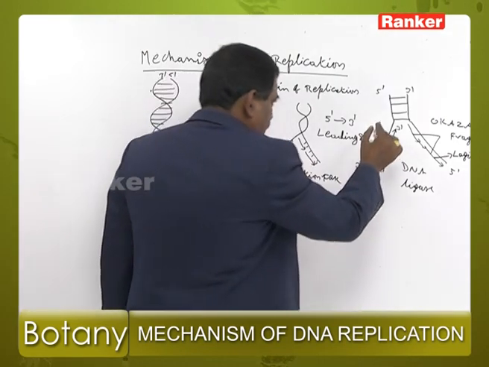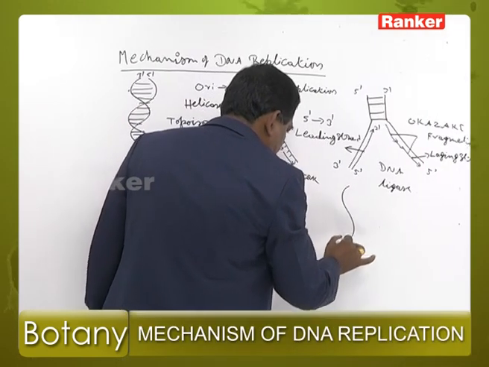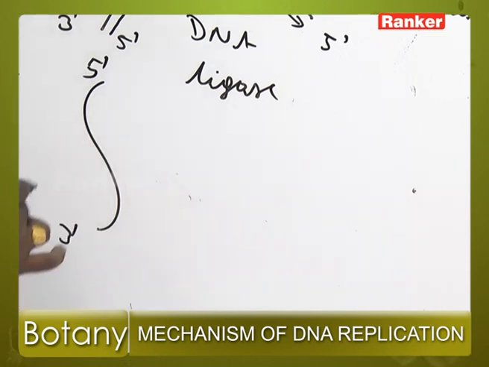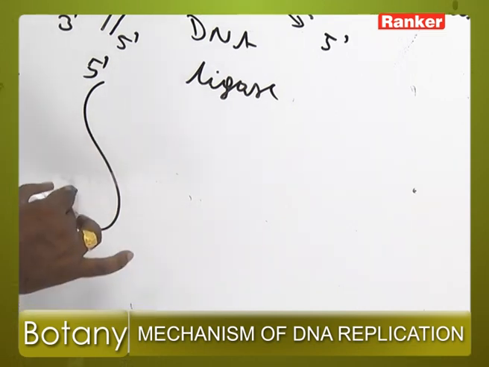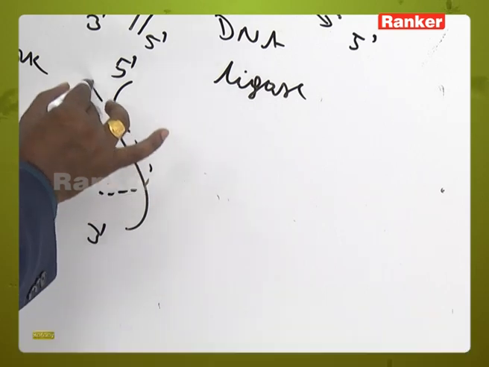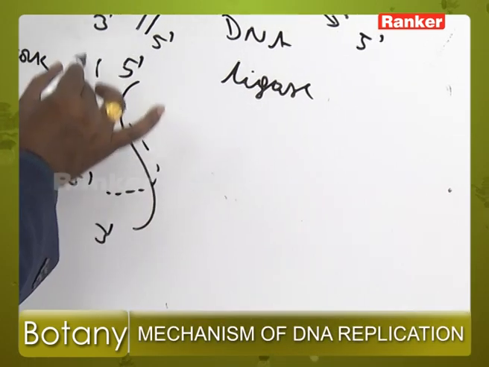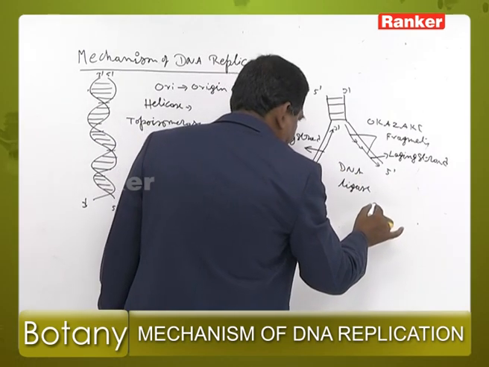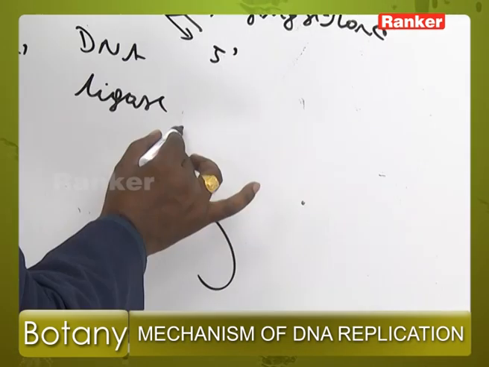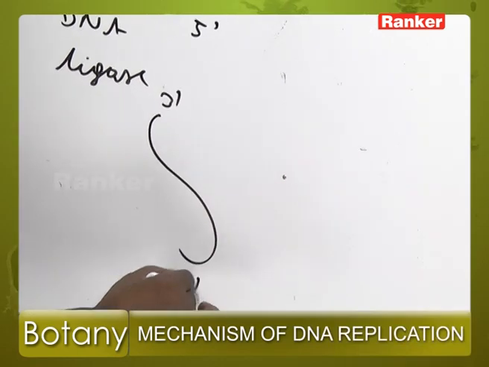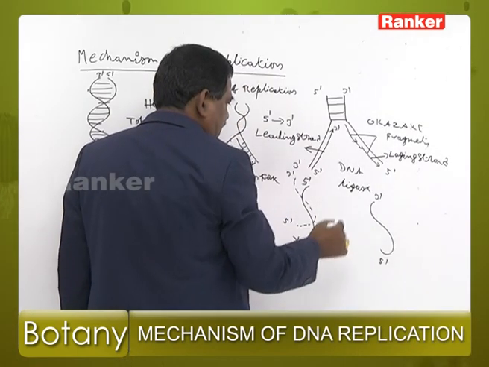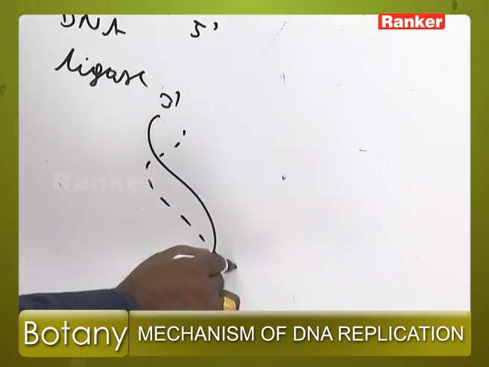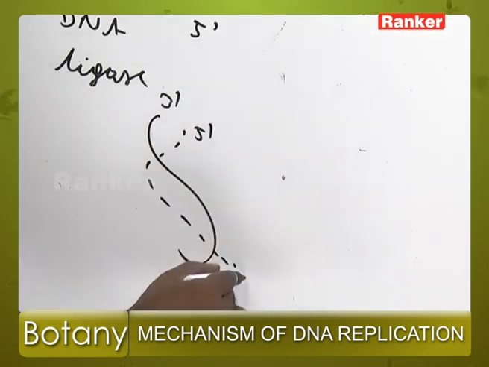So finally, the one strand that separates is in the 3' to 5' direction, and the new strand that is synthesized is in the 5' to 3' direction. The other is also 3' to 5', and the new one synthesized is 5' to 3'.